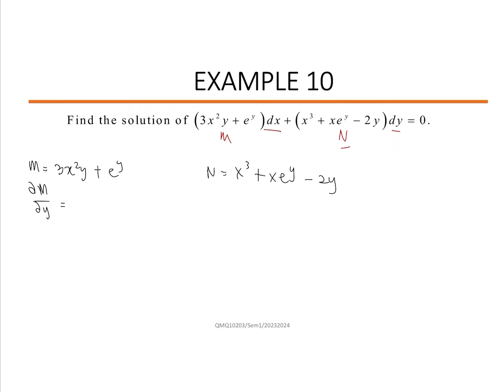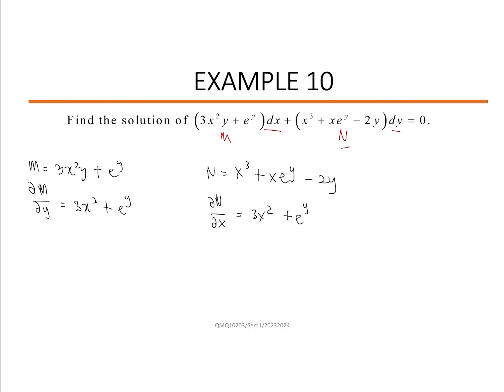So del M over del y: here we have 3x squared plus e to the y. And for N, del N over del x: here we have 3x squared plus e to the y plus 0.